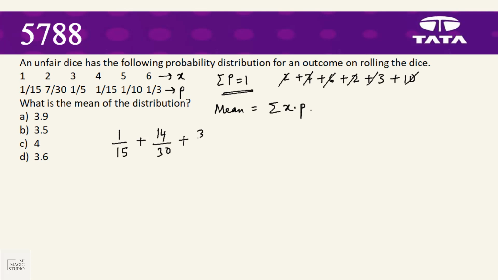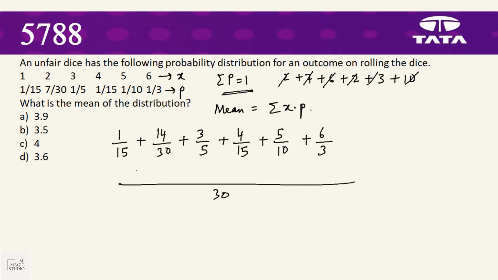That would be 14 by 30 plus 3 by 5. 4 into 1 by 15, 4 by 15 plus 5 by 10 plus 6 into 1 by 3 is 6 by 3. So by 30, 2 plus 14 plus 6, 18, 2, 8, 3, 15 and 10 is 60.